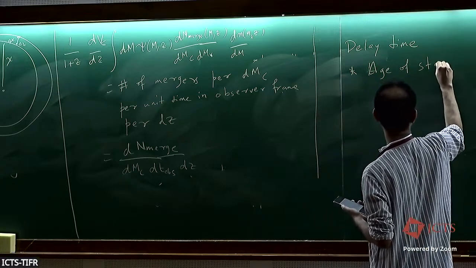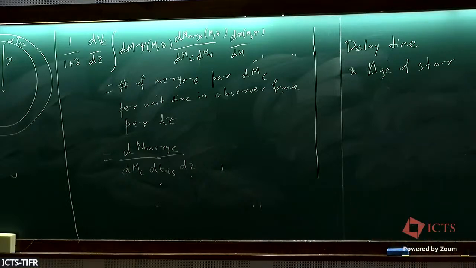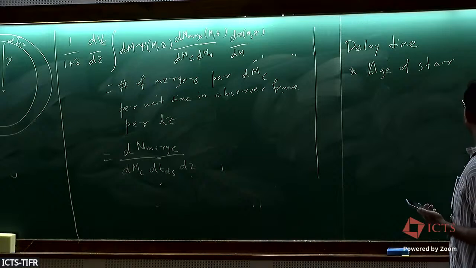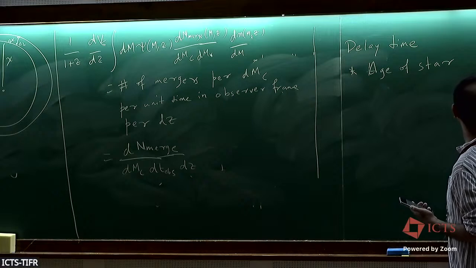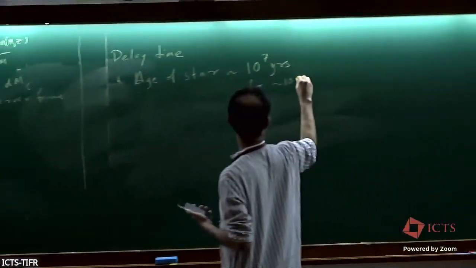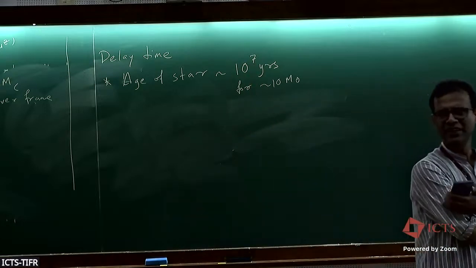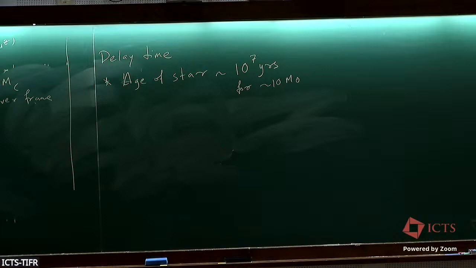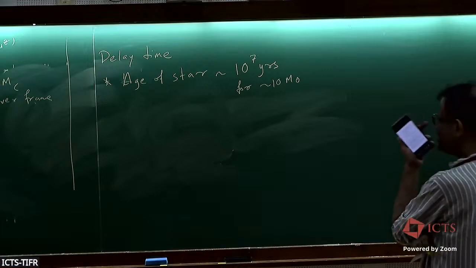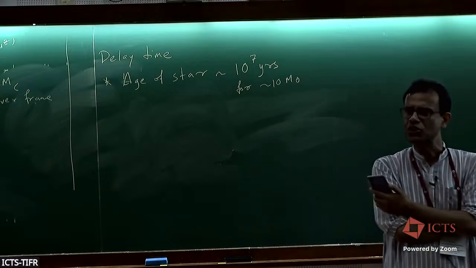The star will live for some time till it actually collapses and gives you the compact object. But we are talking about massive stars, so they could be of the order of 10 to the 7 years. A 10 solar mass star is like 30 million years, something like that. So this is considerable, but when you compare to the age of the universe, not that significant.